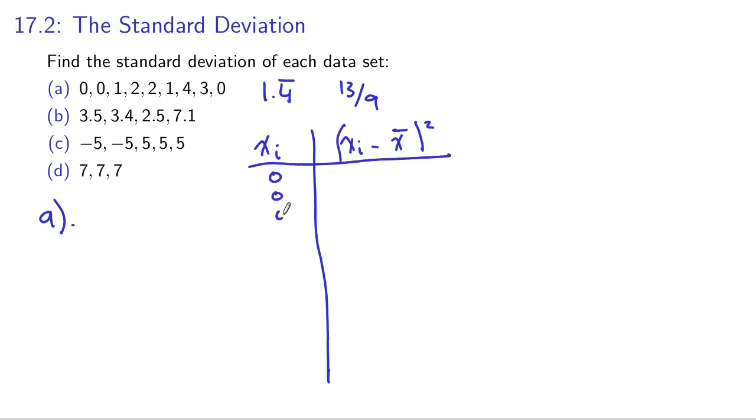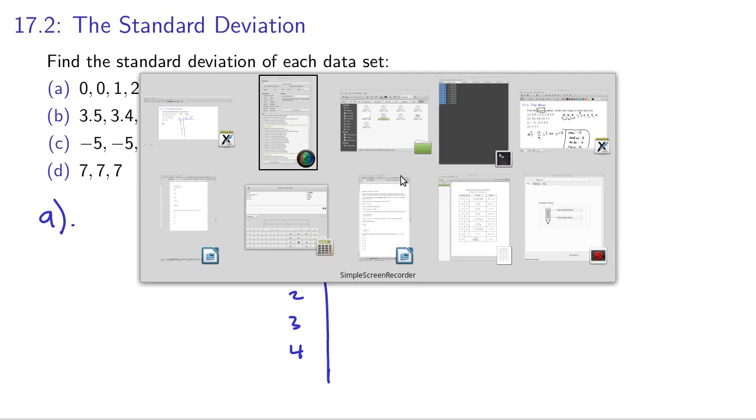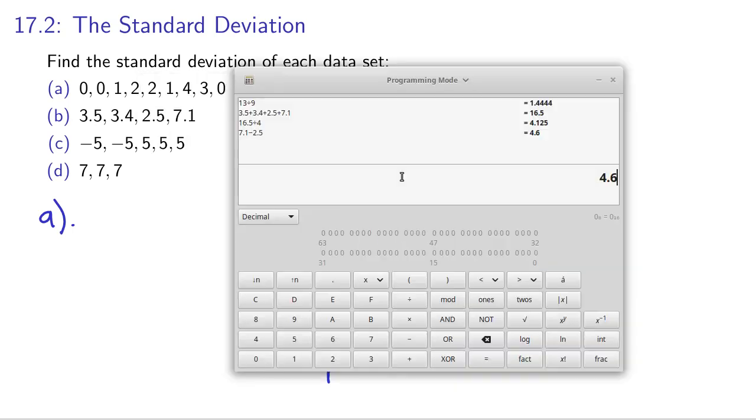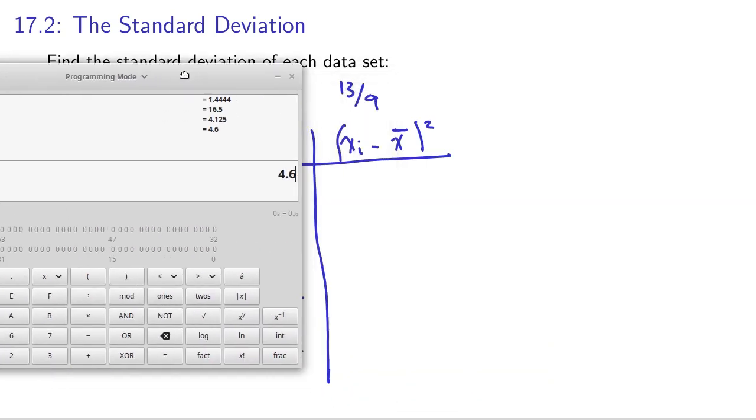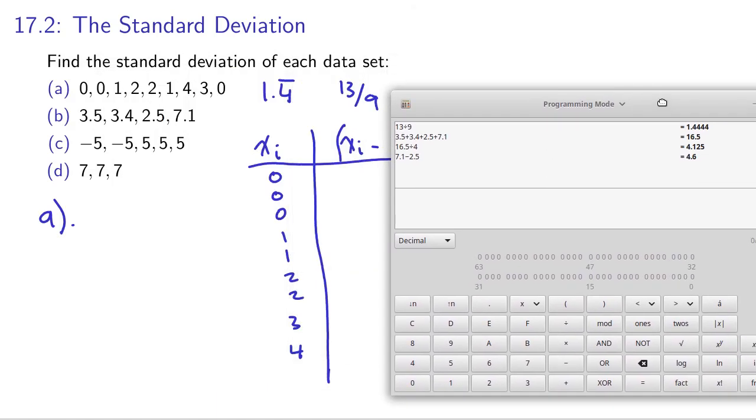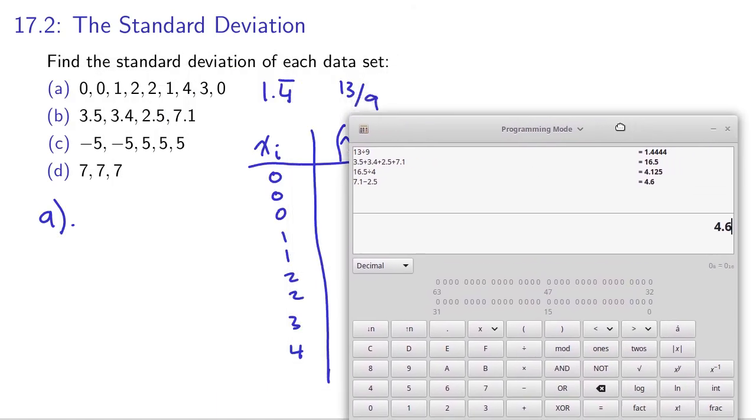Now we have several duplicate entries here, so we can calculate them once, but I'll keep track of all of them here so we don't lose track of how many we have of each. There's 3 zeros, 2 1s, 2 2s, a 3, and a 4. So getting our calculator out, we need to find the subtraction of these from the mean squared.